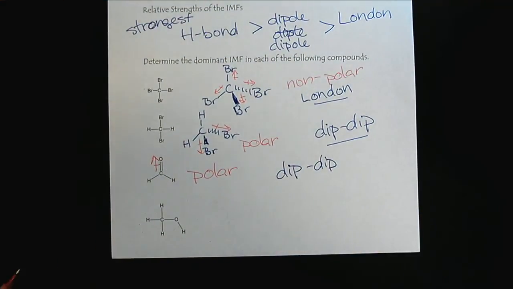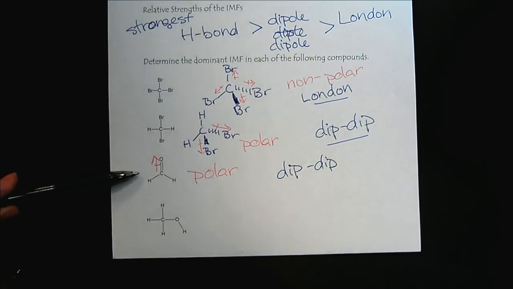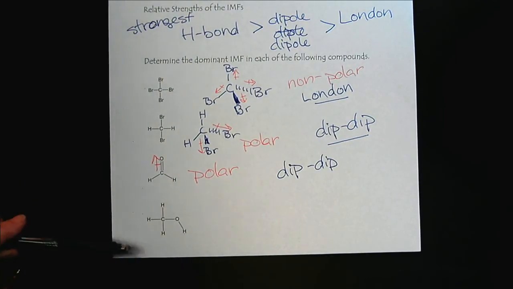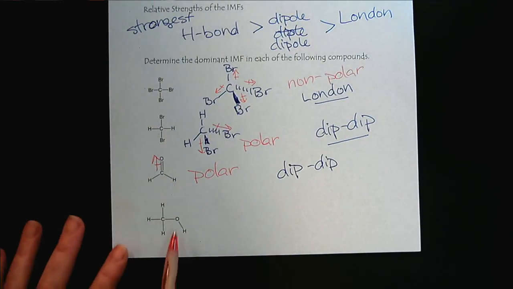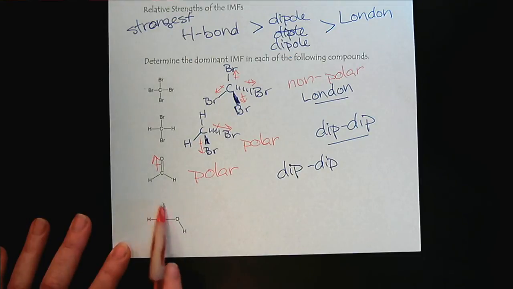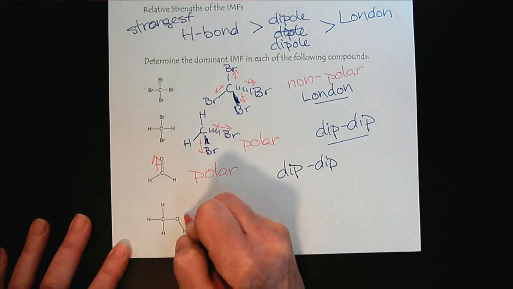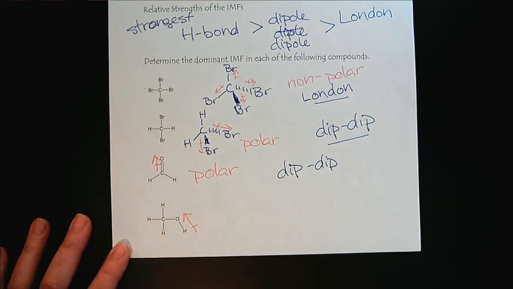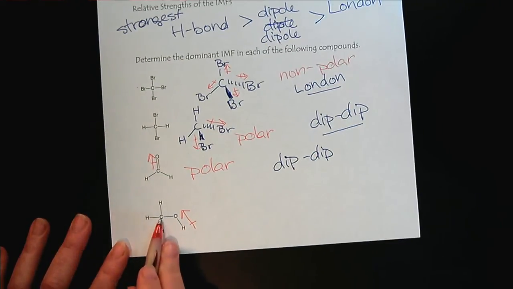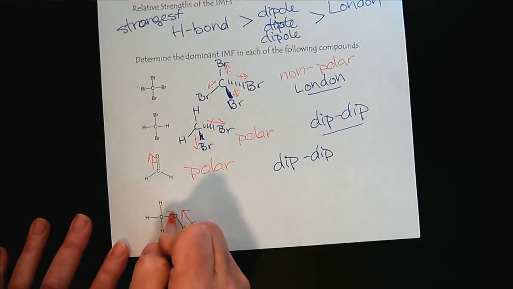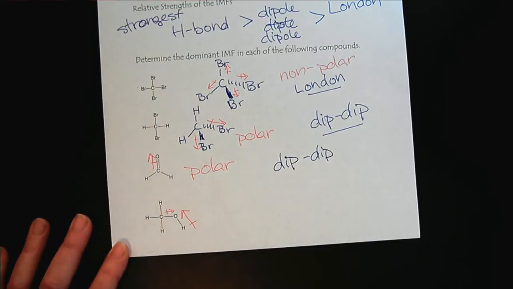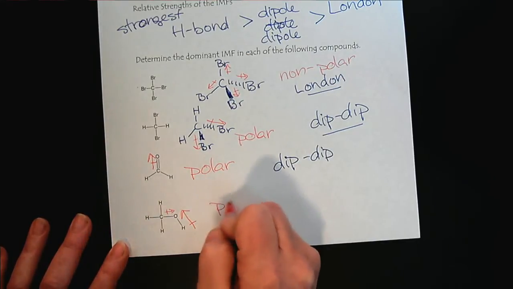Now we'll look at the last example, so we can compare our third example to our fourth example. Here, we'll always ignore carbons and hydrogens, there's no significant polarity, so there are no dipole moments there. But between oxygen and hydrogen, we have a very large dipole moment. And between the carbon and the oxygen, we would have a small dipole moment. So this molecule is definitely polar.